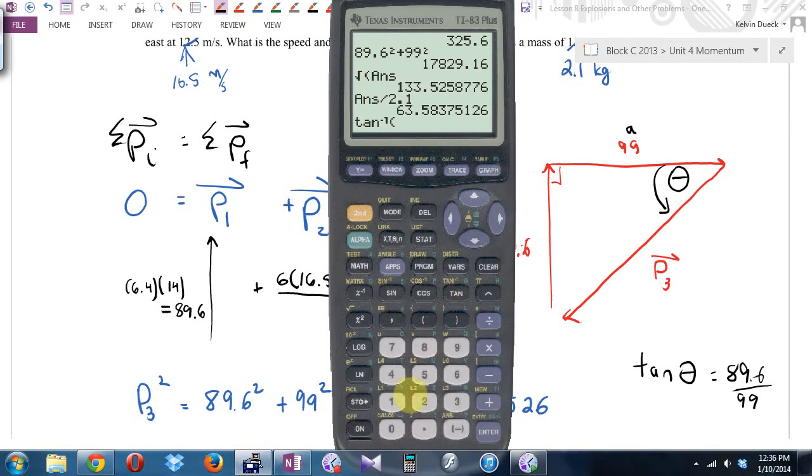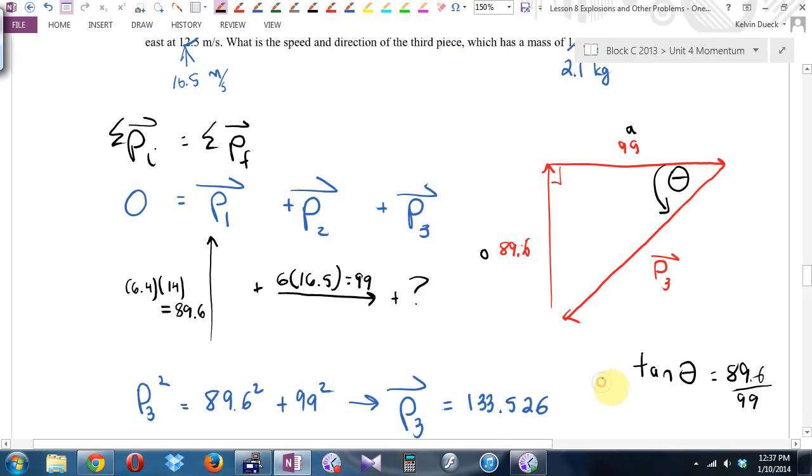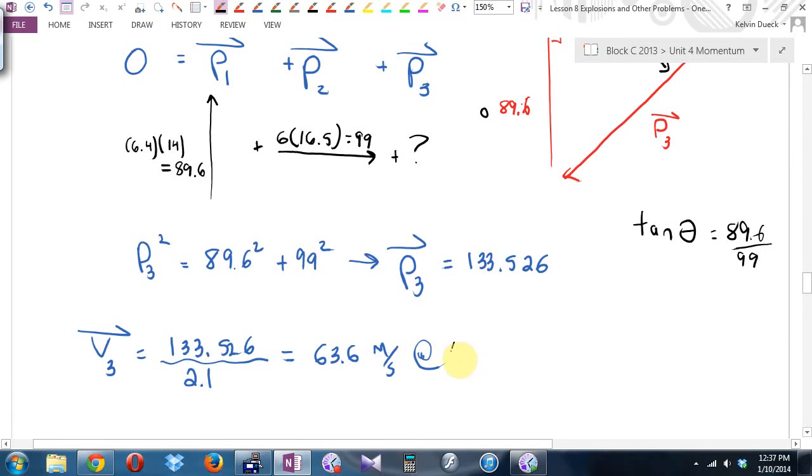So the inverse tan of 89.6 over 99 is going to give me a lovely 42-degree angle. What of what? North of south, east of west, what of what? South of west, yes. 42.1 degrees.